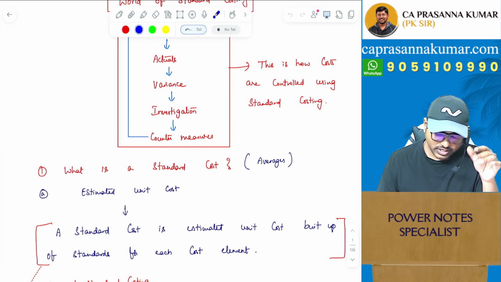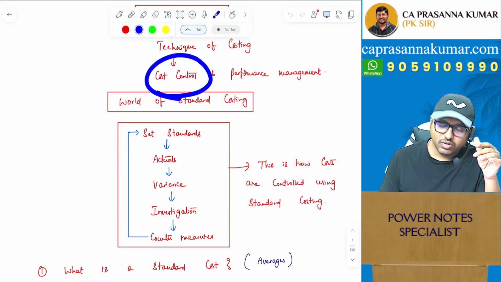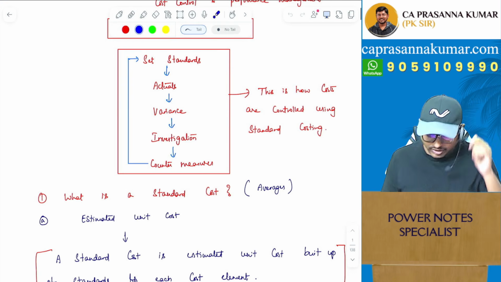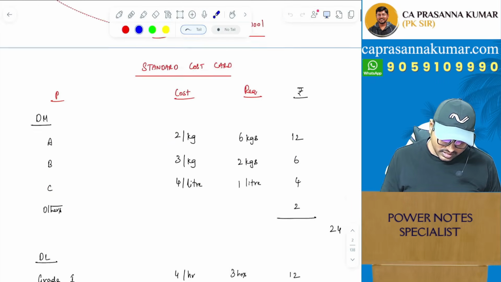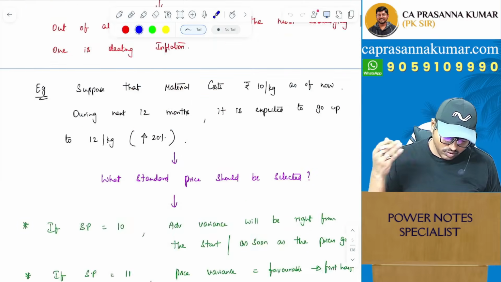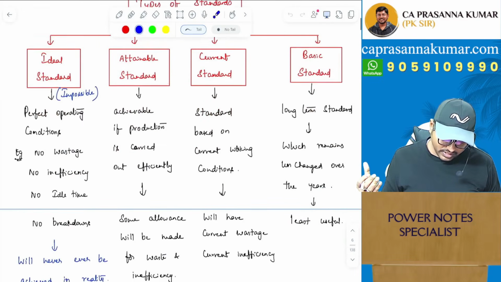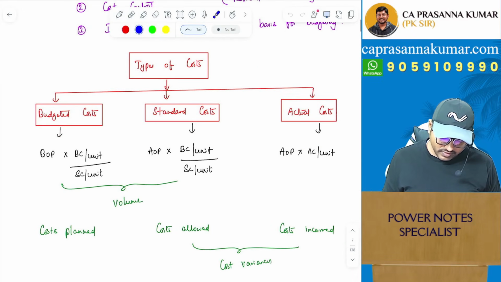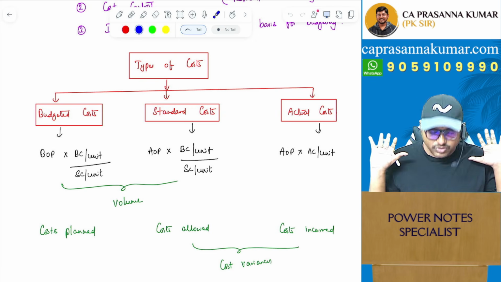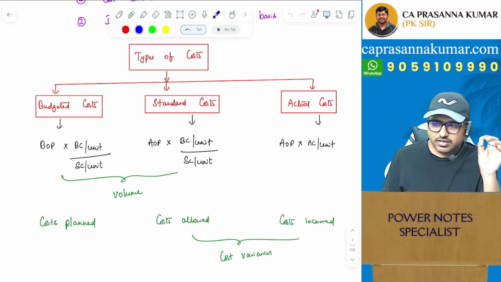Through this, you're indirectly controlling the cost, and at the same time measuring the performance. Since this is a revision session, I can't go through the concepts and logics, because that's not the priority right now. We'll go straight to the things that are necessary to solve the problems.